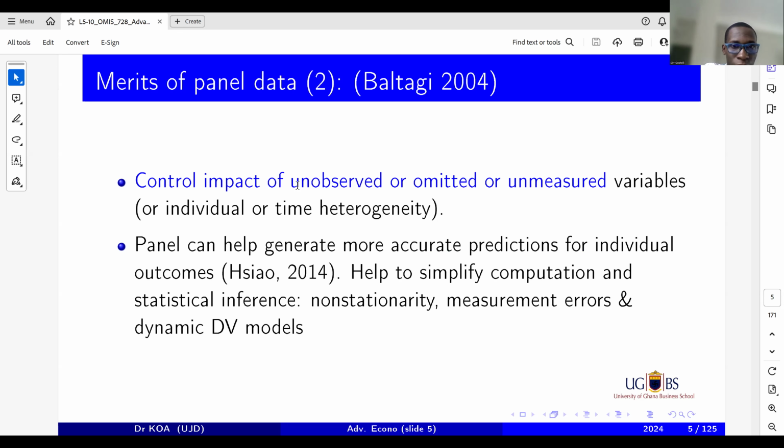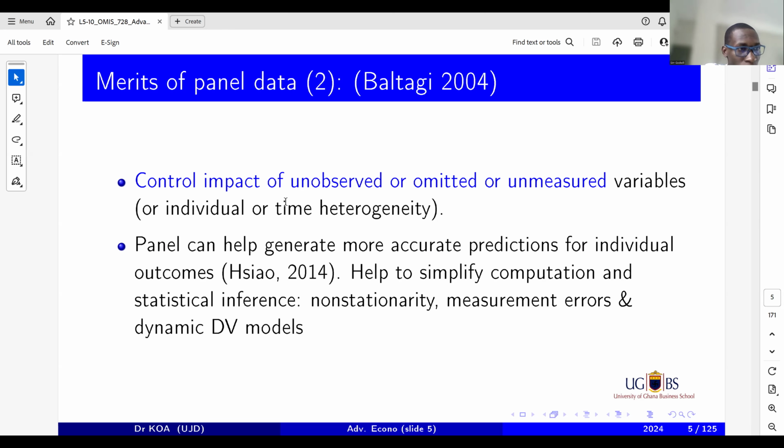According to the literature, panel data can give you a better prediction than cross-sectional data. We know that because you are looking at a lot of information from the past, and so it helps you predict the future better. You can also deal with non-stationarity. You can handle issues about measurement errors.